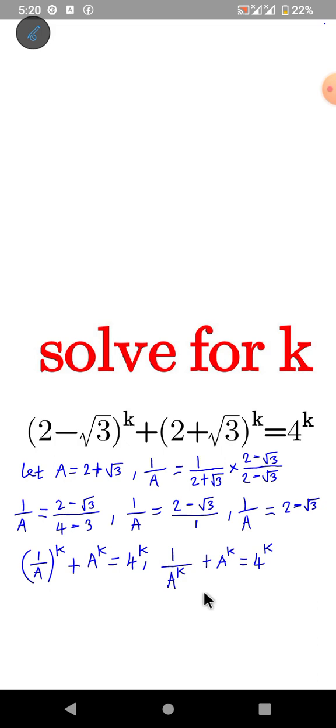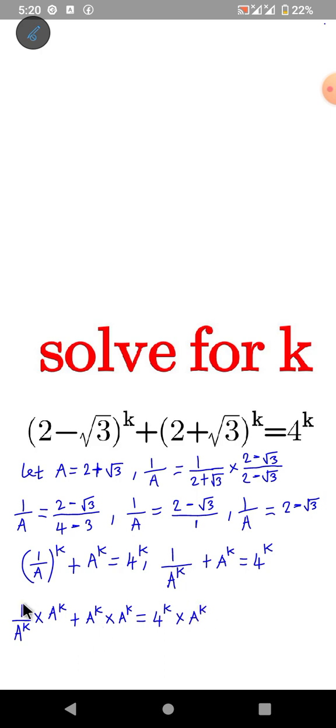Then my next step will be to multiply all components of this equation by a raised to the power of k. So we say 1 over a raised to the power of k multiplied by a raised to the power of k, plus a raised to the power of k times a raised to the power of k, all equal to 4 raised to the power of k times a raised to the power of k.